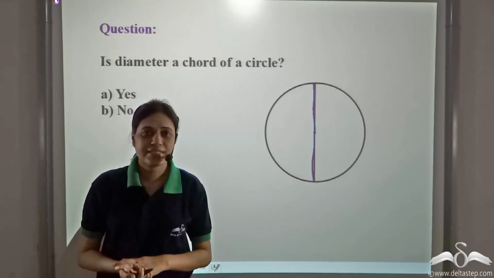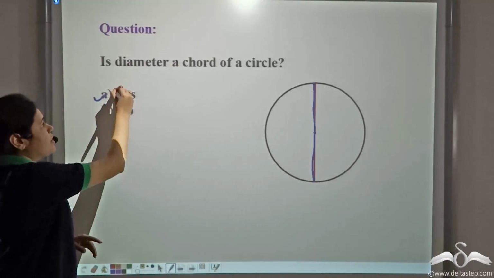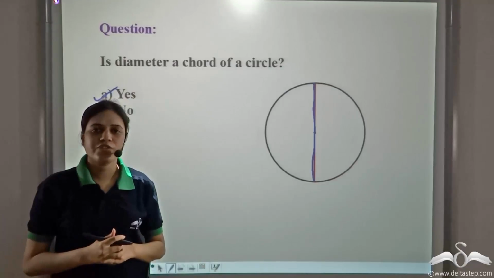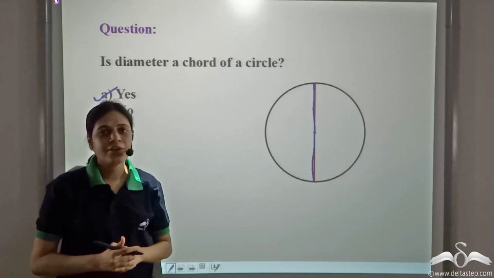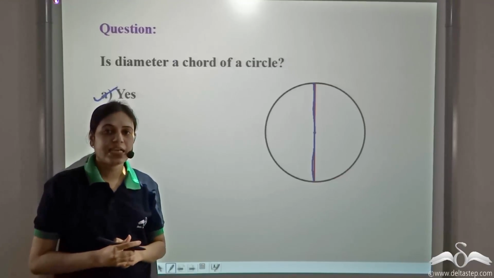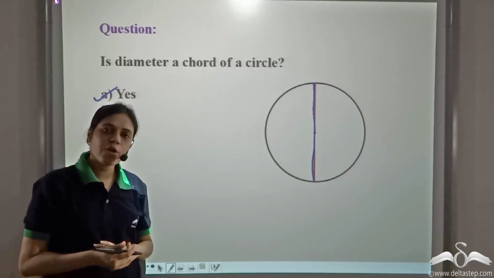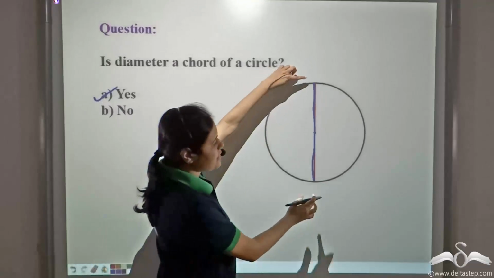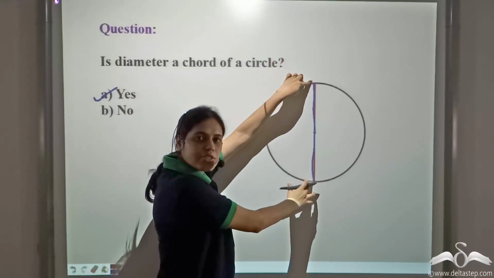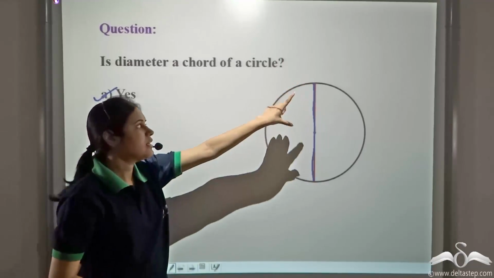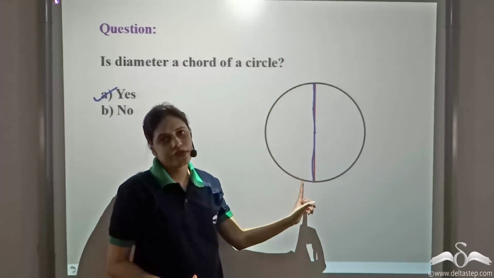Well, yes, a diameter is also a chord of the circle. How? Recall the definition of a chord. A chord is a line segment joining any 2 points on a circle. So we can see that this is a line segment and it joins 2 points on the circle. So yes, diameter is a chord of the circle.